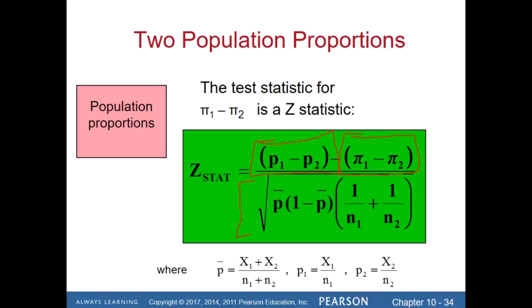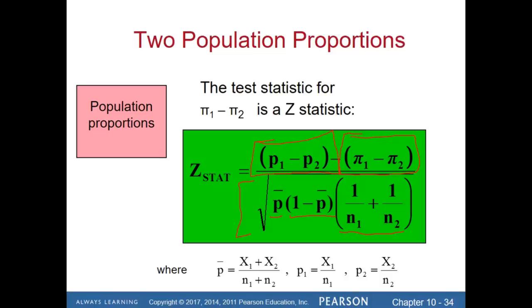So here what we're doing for our standard error is we're taking that pooled estimate of the proportion, that P bar that we just looked at, multiplying that times 1 minus P bar, and then multiplying by 1 over sample size 1 plus 1 over sample size 2. Get that product, take the square root of the whole thing, and that's how we compute the standard error for this distribution.